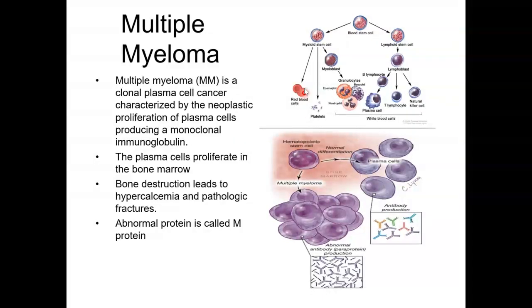So let's take a look at these pictures right here. I showed you this picture. This blood stem cell either turns into a myeloid stem cell or a lymphoid, and we talked about that. The myeloids turn into the red blood cells, the platelets, the granulocytes. Lymphoids. So we talked about this already, so that makes it a little clearer for you.